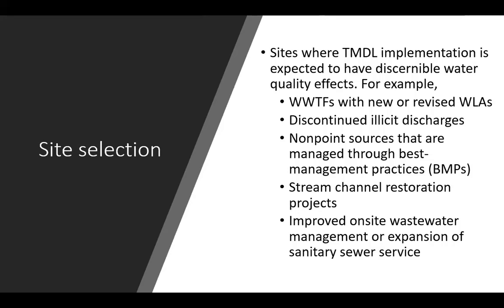They sample upstream of the Williamston wastewater treatment plant. They sample downstream. So you can look at the impact of that facility on water quality. Same thing with the East Lansing plant.